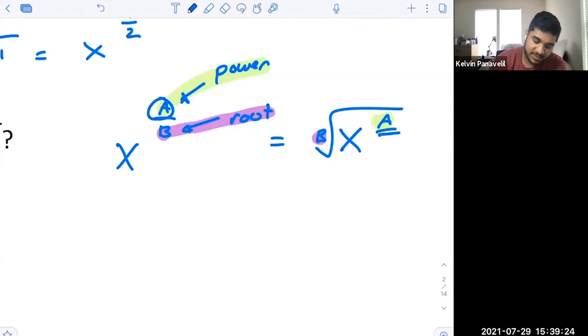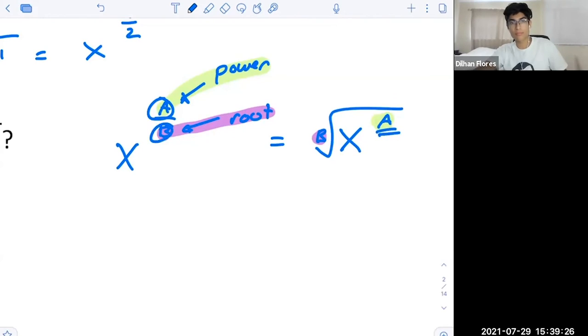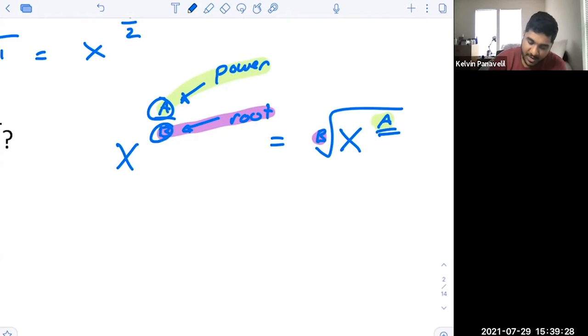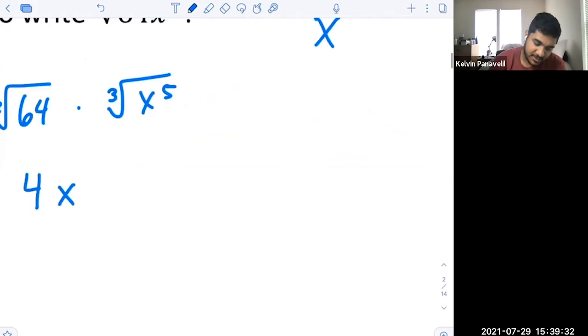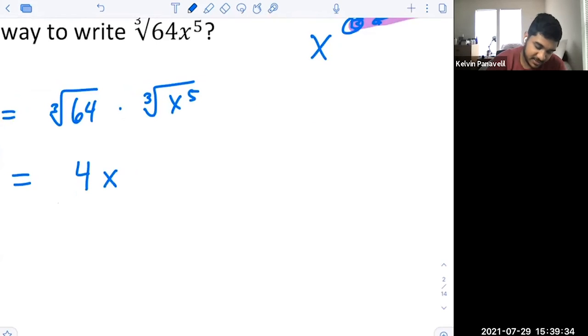Whatever is the root comes down to the bottom of the fraction. So power over root. Let's look back at this. What's going to be on top, guys, in the chat one more time? I only got one answer, so it's going to be power over root. Let me get a couple more answers. I know there's more than 3 of you.